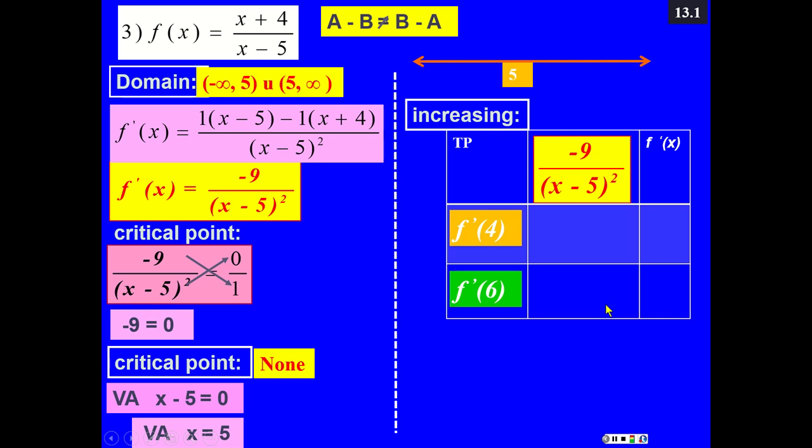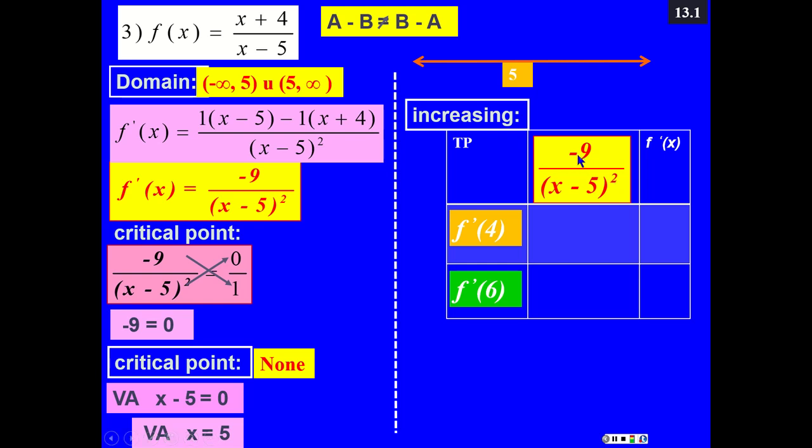Now, try to understand your derivative, this way it will make it easier to finish this table. Look at your derivative. The numerator is the minus 9. That means it is negative. In the denominator, I have a parenthesis to the exponent 2. That means x can be any number.